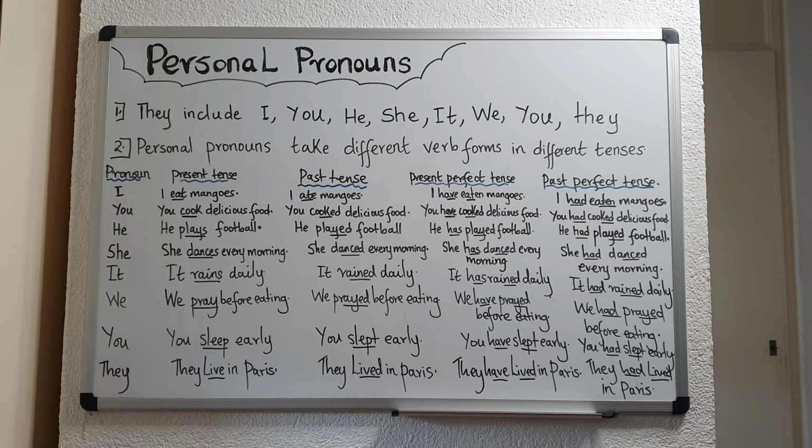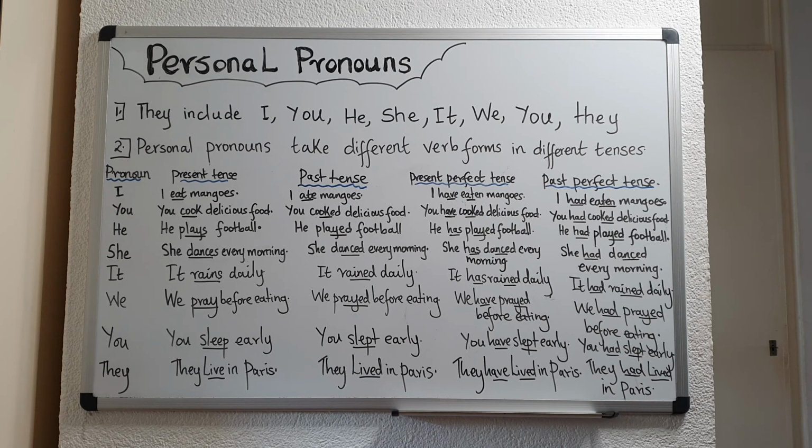So again, we combine the personal pronoun you with have in the present perfect tense. That is a permanent rule. You can never say you has slept early. No, that is not correct English. You have slept early. And then in the past perfect tense, you had slept early.